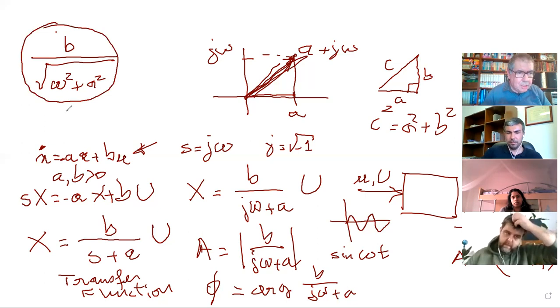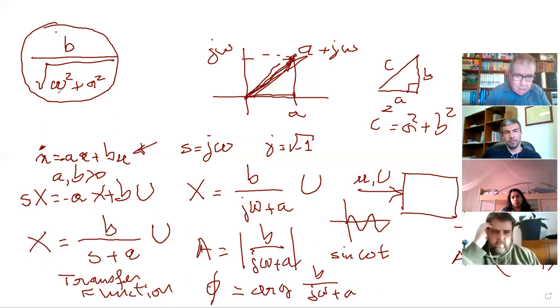Now, what happens at low frequency? At frequency 0, what is the gain? If you make omega equal to 0, you get B divided by A. Is that something that we should expect or not? Look at the differential equation. If U is a constant, in steady state, what is x dot?